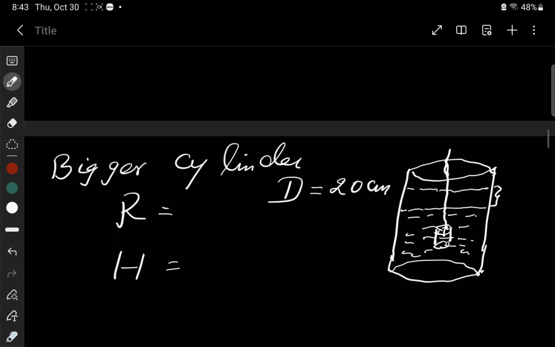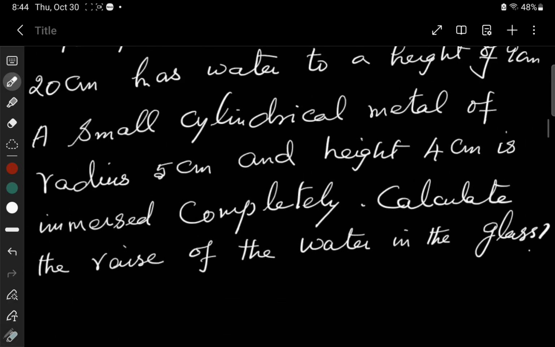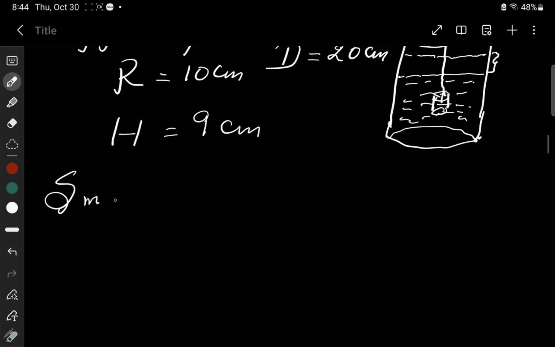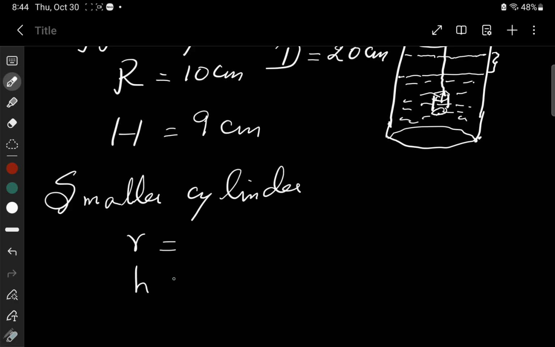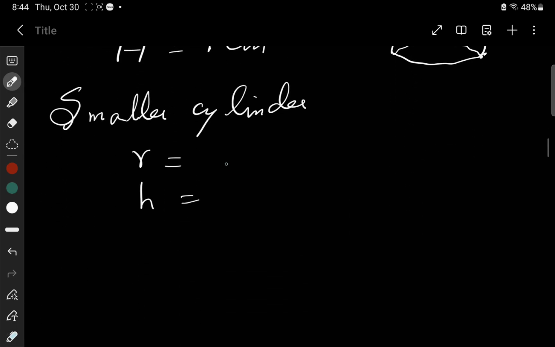So capital R is equal to half of this, 10 centimeter. And the height they have given us is 9 centimeter. Then the smaller cylinder: radius is given as 5 centimeter. Height is 4 centimeter.